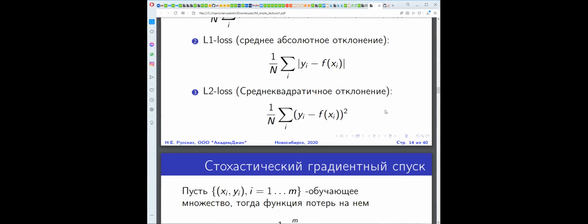Если мы будем мини-батчами обновлять, по 128 примеров, как правило, берут степень двойки, то за практически то же самое время мы обновим параметры модели 1 миллион раз.